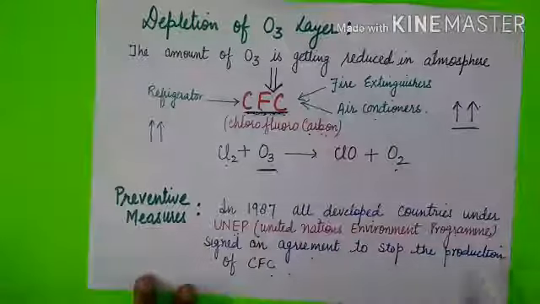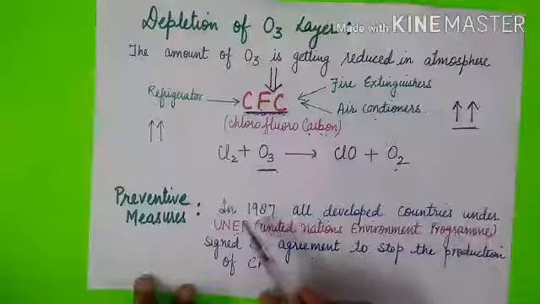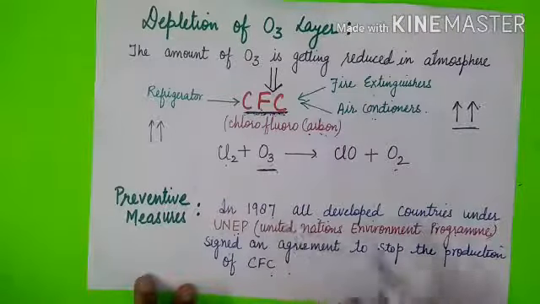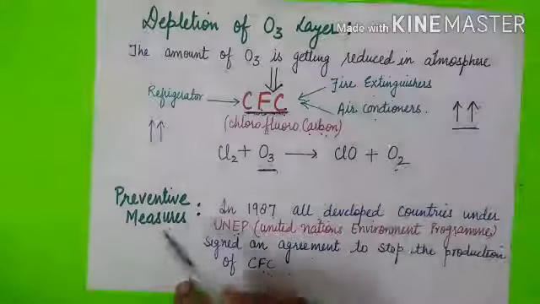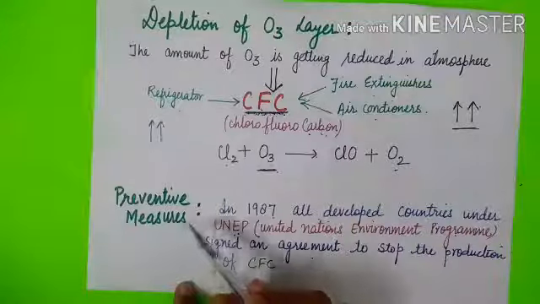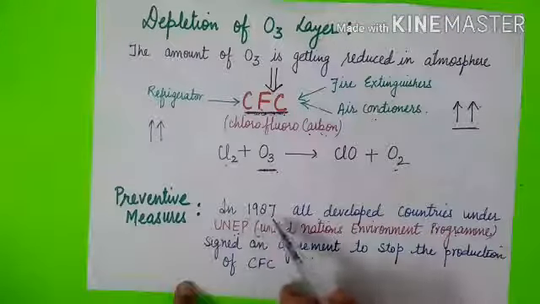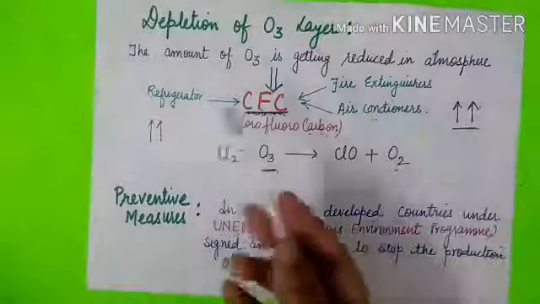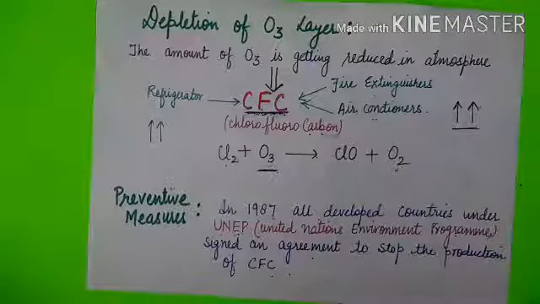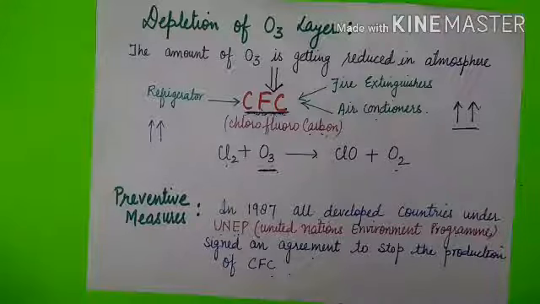So it was decided by all developed countries in 1987 to stop the production of CFC. This was the preventive measure taken by the government. So this is all about the topic depletion of the ozone layer from the environment chapter for class 10.